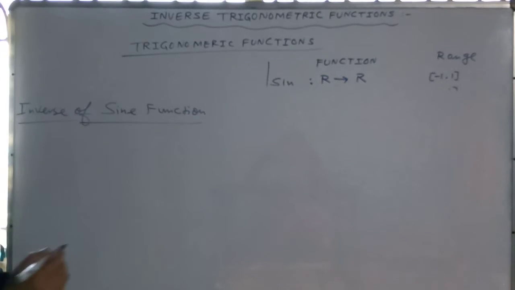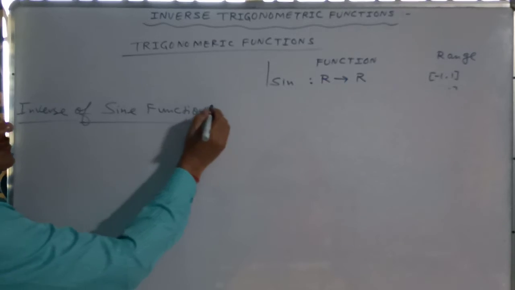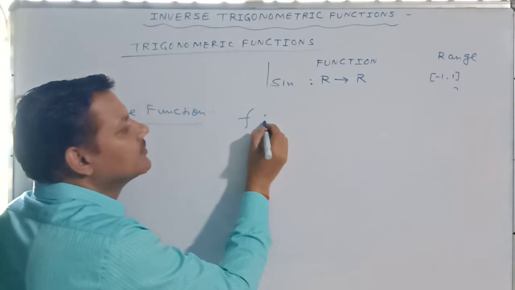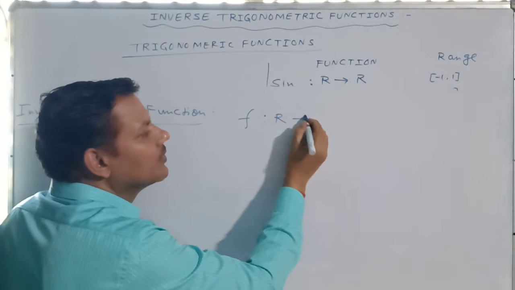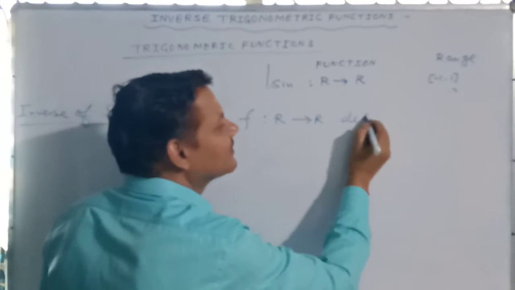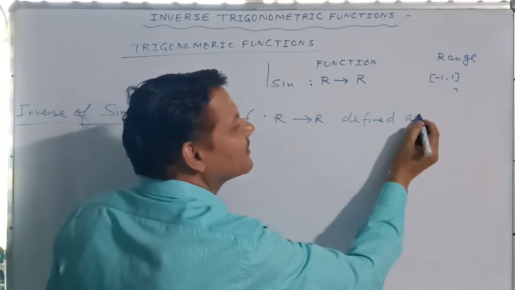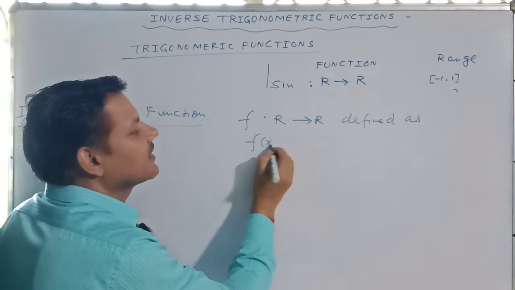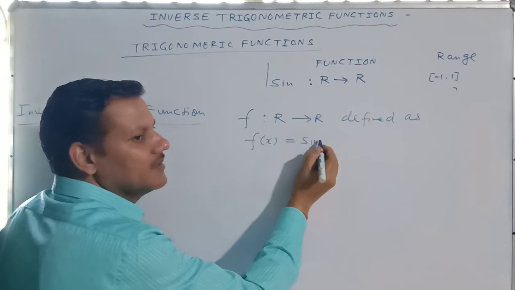How do we get the inverse of a sine function? Actually, it is a function from the set of real numbers to the set of real numbers, defined as f(x) equals sine x.